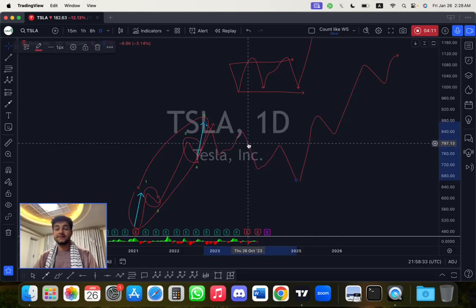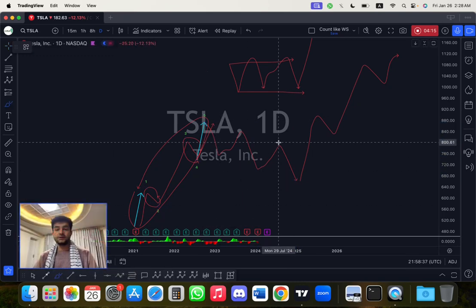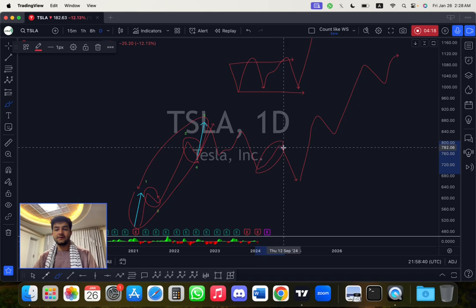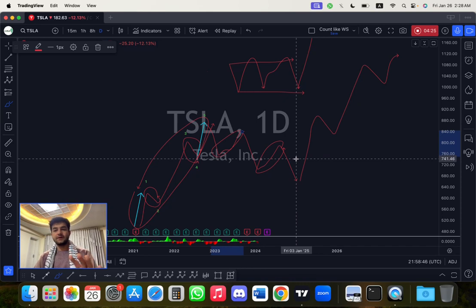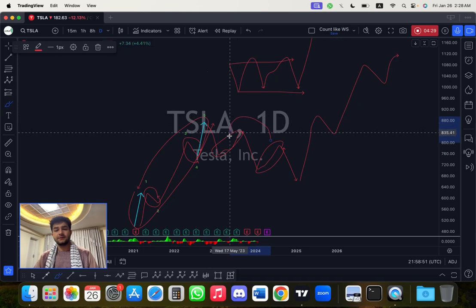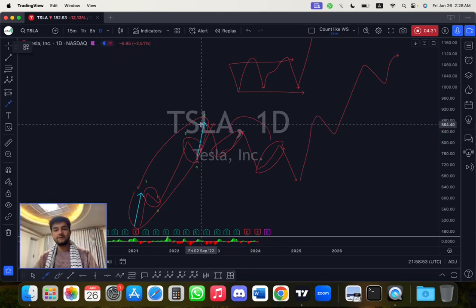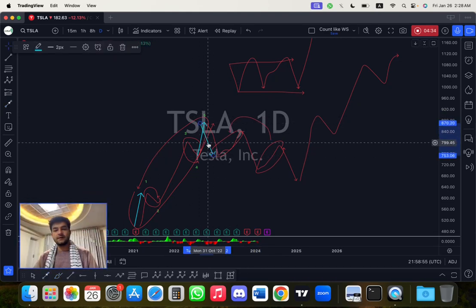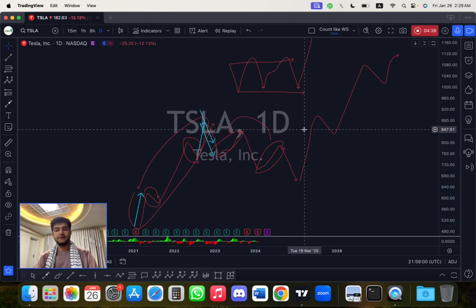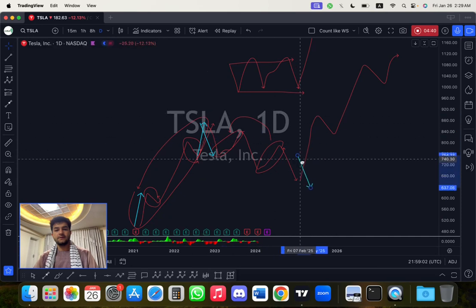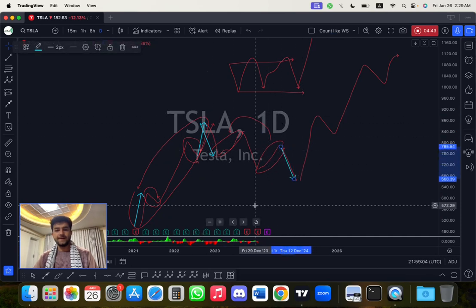Usually it's 3 legs, but sometimes it can get extended, where your corrections in the W, X, Y, X, Z, which have 5 legs, shall look similar, and your wave 1 and fifth are equal in size as well.